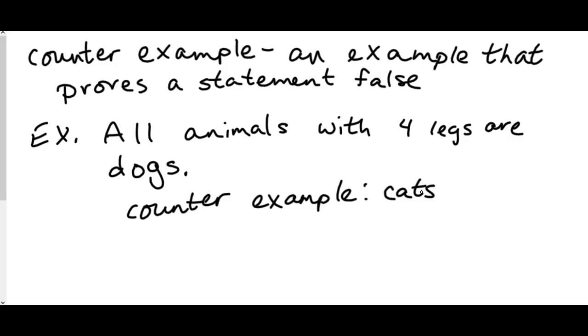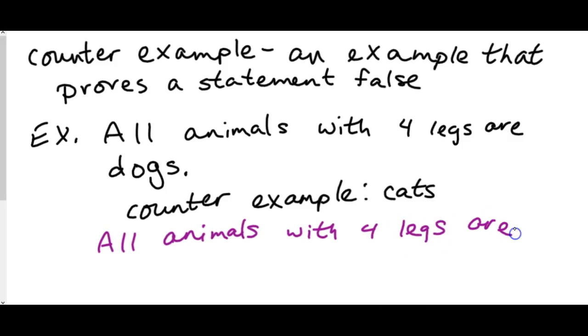So let's make it a little bit harder. Let's say all animals with 4 legs are mammals. Now all of the counterexamples we thought of are mammals. So none of those can work.